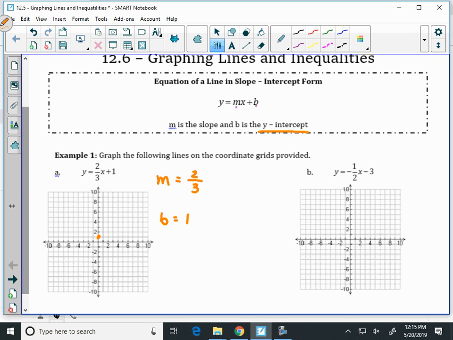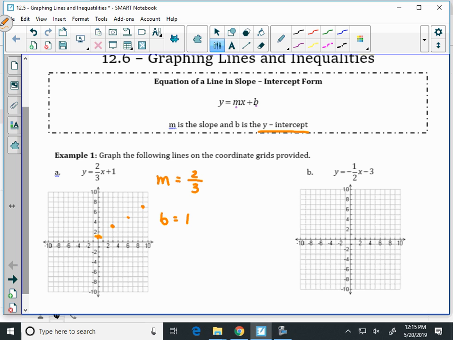Okay, always start up, moving up or down. So there's our b. You put a dot on the y-axis at your b, 1. And then you follow your slope. Our slope is positive 2 over positive 3. So that means we're going to go up 2 because it's positive, and then right 3 because it's positive.